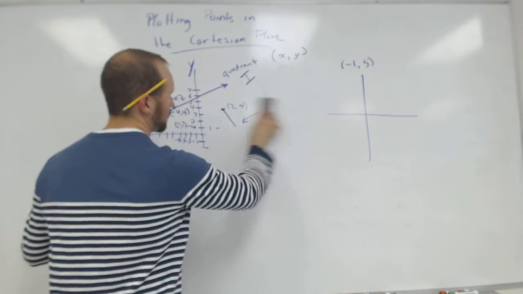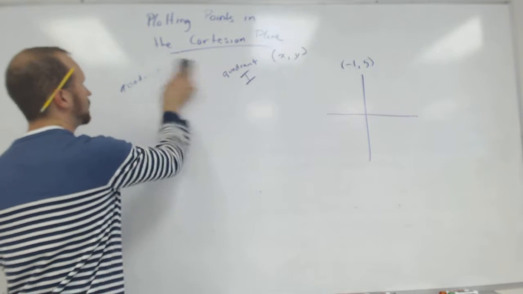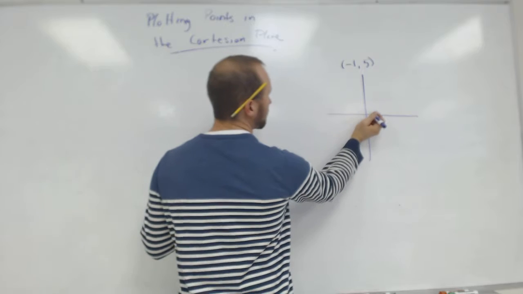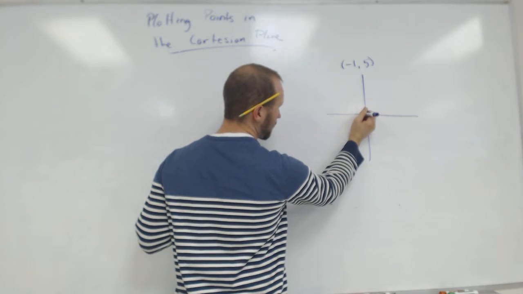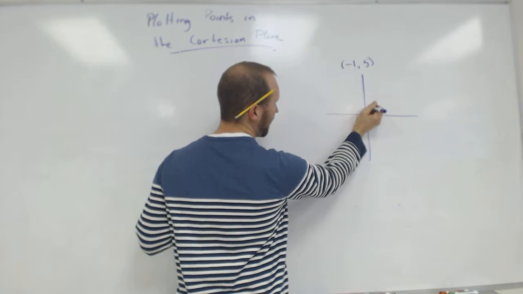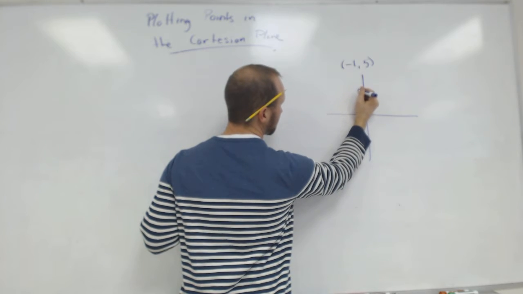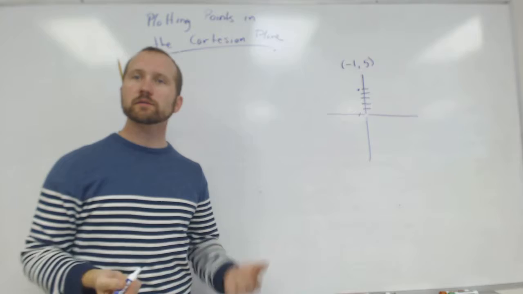The -1 would be on the x, and the 5 would be on the y. So it would be in the second quadrant. And so it's in quadrant 2.